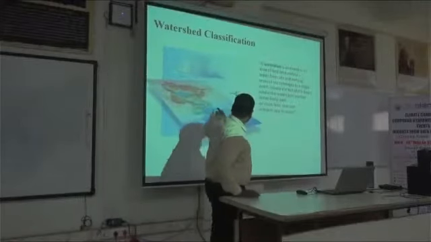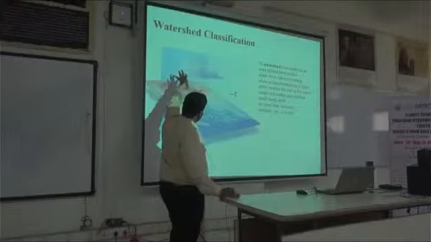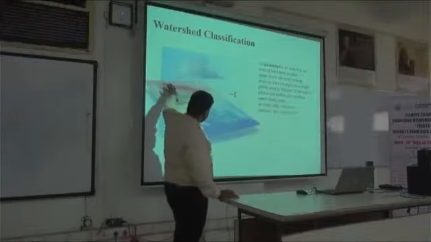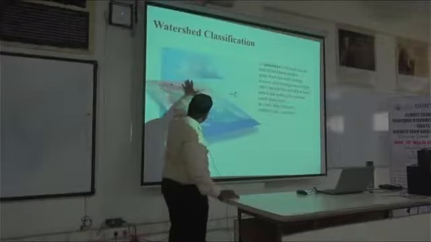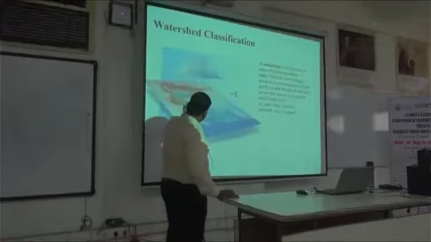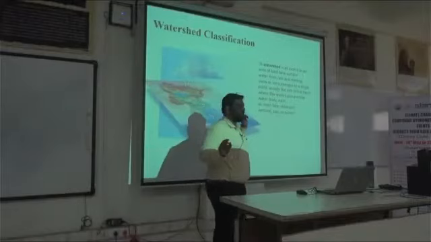As we are able to see in this figure, whatever rainfall takes place above this particular area, the amount that is going to collect at that particular outlet, that area is known as your catchment area, and the boundary which separates two adjacent areas is known as your ridge line.